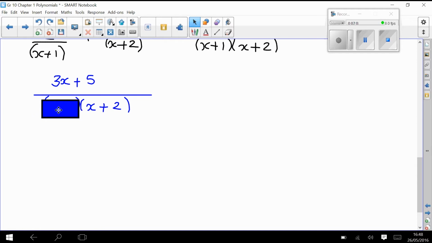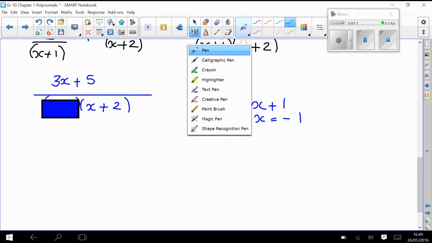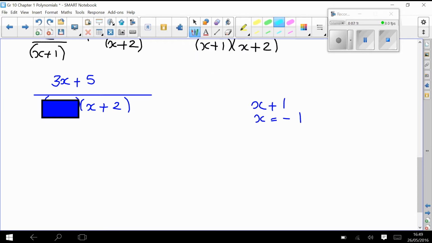The factor that I covered up was the factor x plus 1, so that is when x is equal to minus 1. Now what I'm going to do is everywhere where I see an x, here and here with what has not been covered up, I'm going to substitute in minus 1.